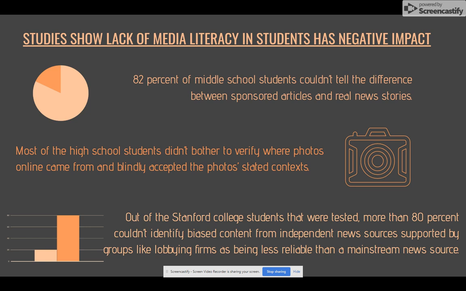So they would look at, say, a medical website, and they couldn't distinguish one from the actual medical association run by doctors from one that was run by a lobbying group. So it's really important that we're able to distinguish those things for ourselves.